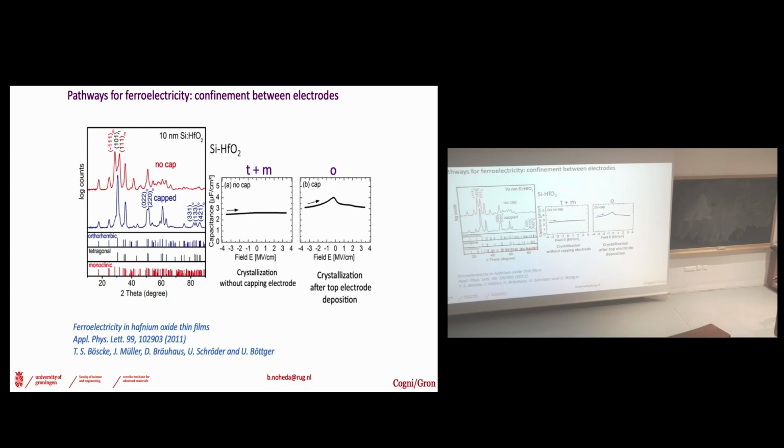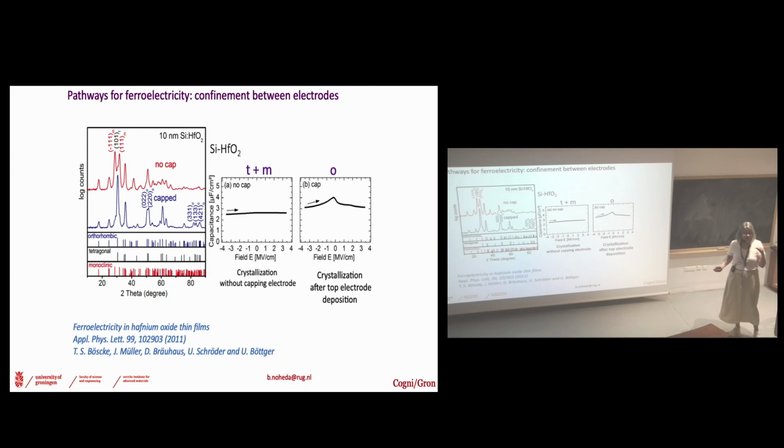They identified the structure in the thin film without capping as a mixture of monoclinic and tetragonal phases, which were already known, and none of them are polar. And they identified the structure on the capped layers as a new orthorhombic structure that was polar.